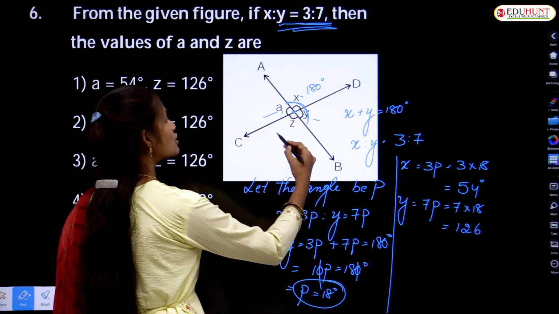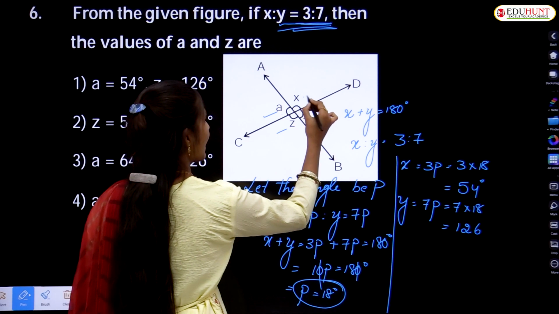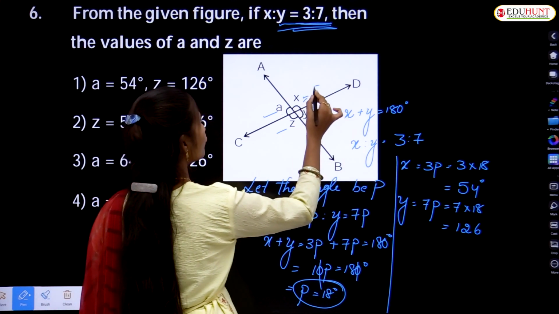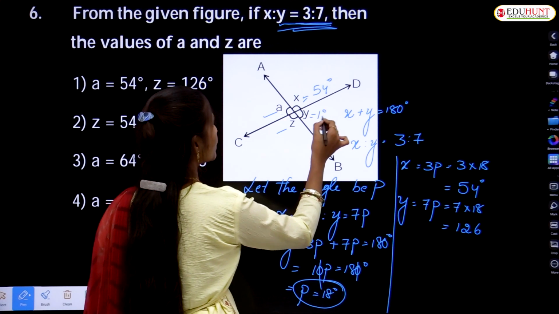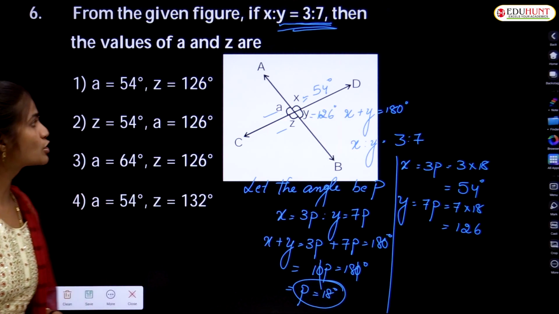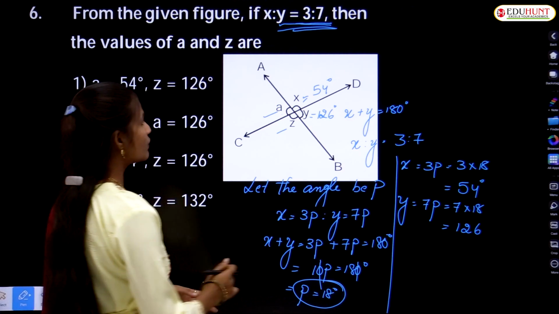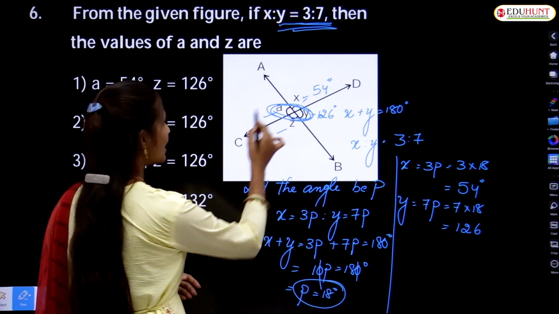Now what are they asking? What are the values of A and Z? Now we know that x is equal to 54 degrees and y is equal to 126 degrees. Okay, x is equal to 54 and y is equal to 126. Now just observe that these two angles are vertically opposite angles.